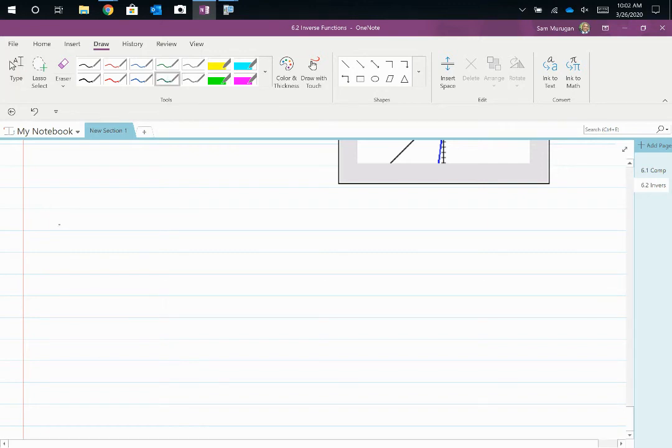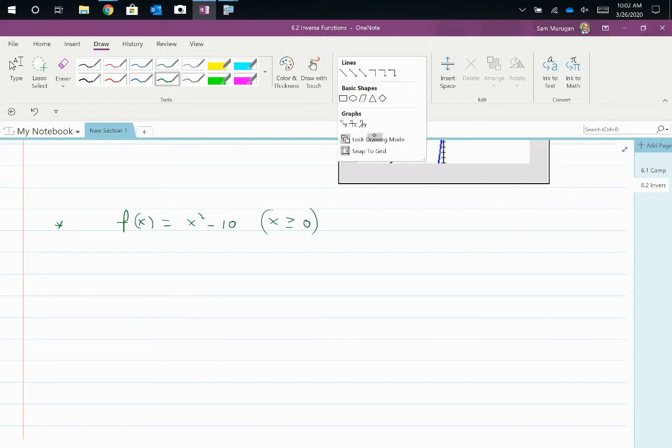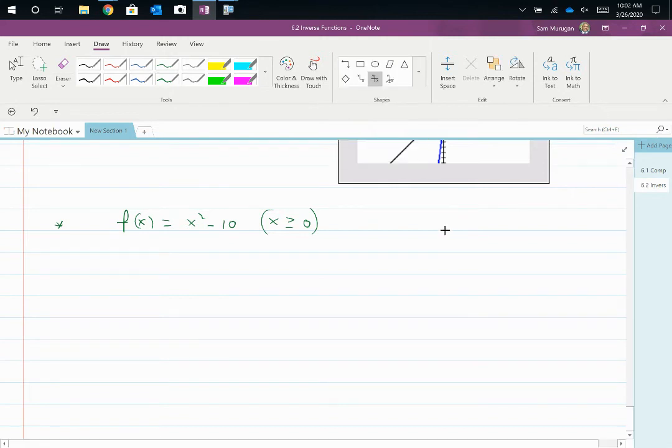I have, say, f of x is equal to x squared minus 10. And this is a square function, so it's specifying that x must be greater than or equal to 0. In other words, we're taking only a part of it. And I want to go ahead and start sketching that on the side so you can see what it looks like.